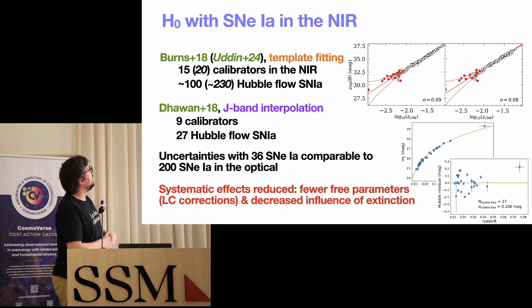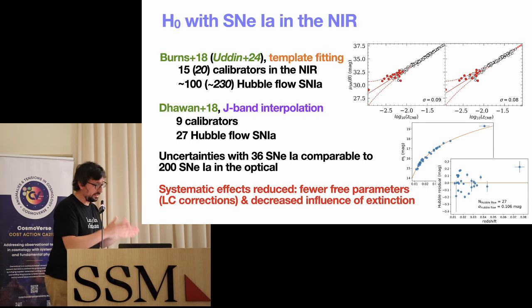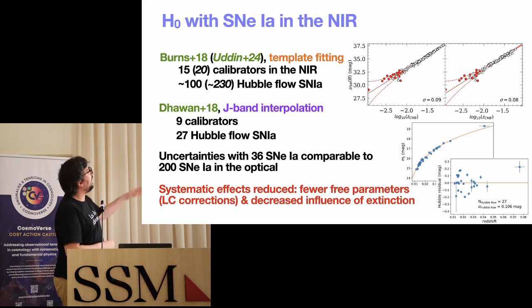They used 15 calibrators in 2018 and 20 in 2024, supernovae that were in SH0ES calibrator galaxies but with near infrared data, and about 100 or 200 in the Hubble flow.